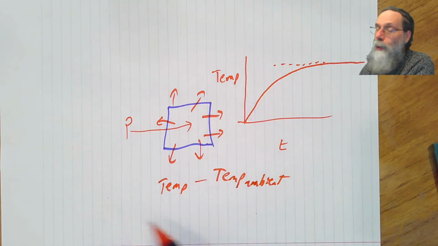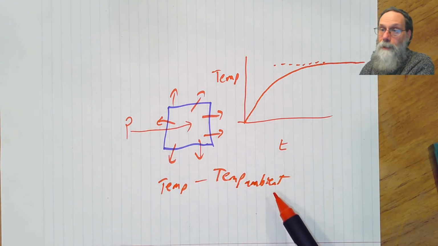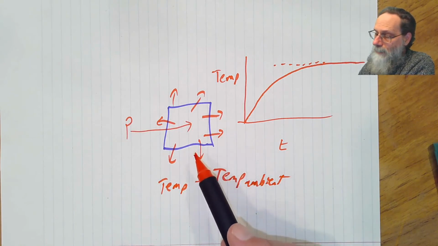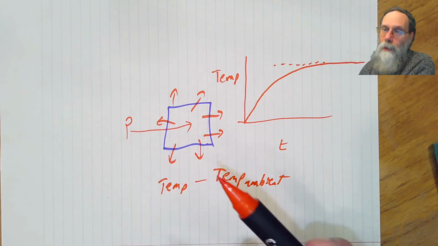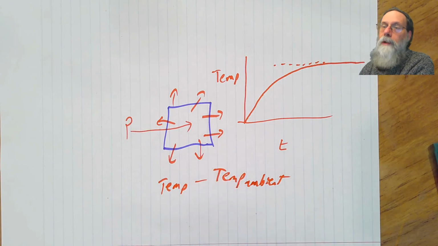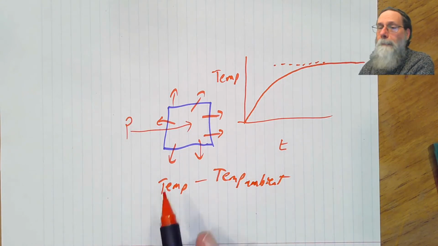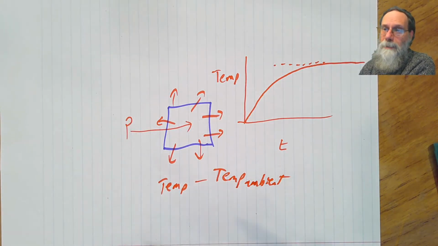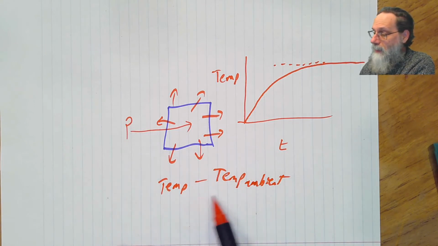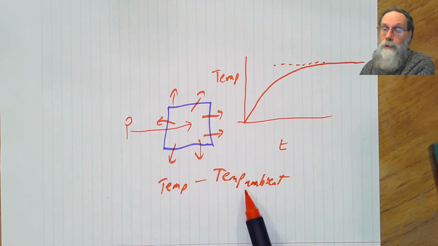So we've got a cooler surround here, which is our ambient temperature, and a lot depends on, well, are we looking at conduction? Are we looking at convection? Are we looking at radiation? What are the mechanisms we use for doing it? But no matter what that mechanism is, the amount of heat that's dissipated is proportional to the difference in temperatures.